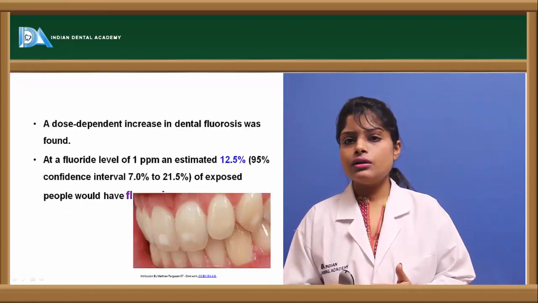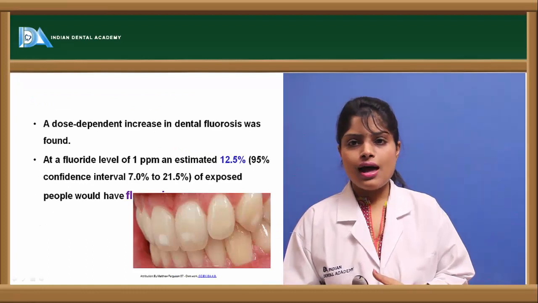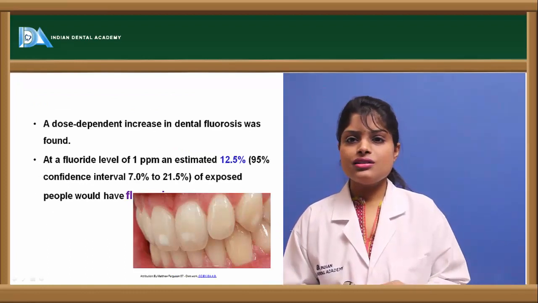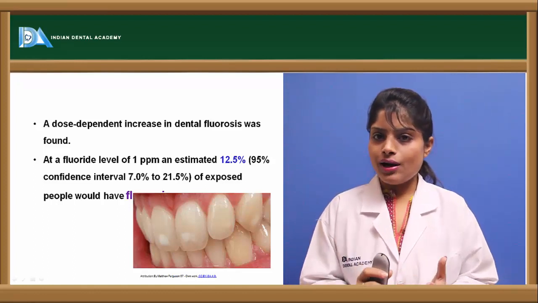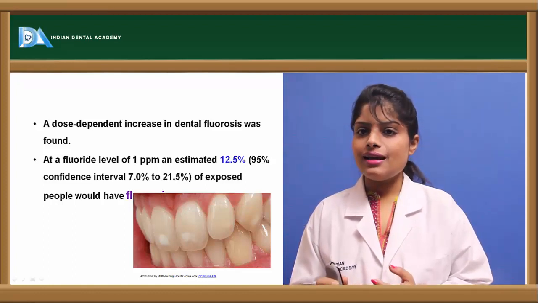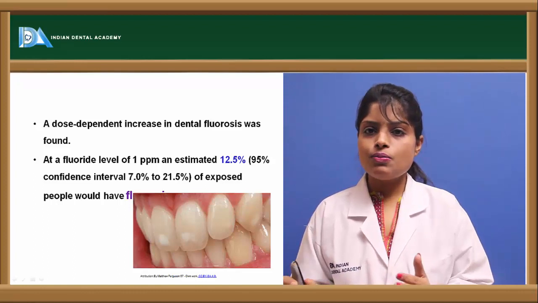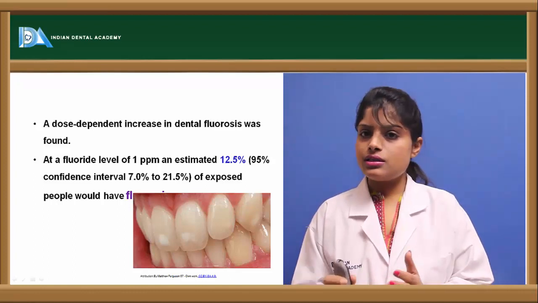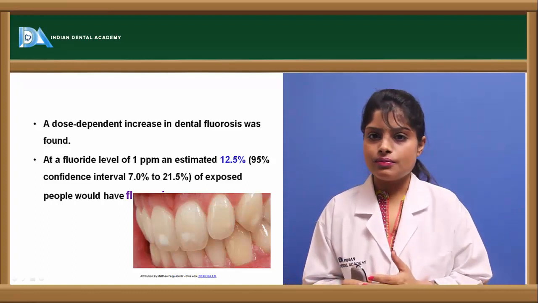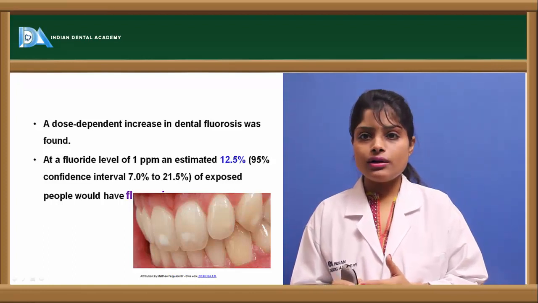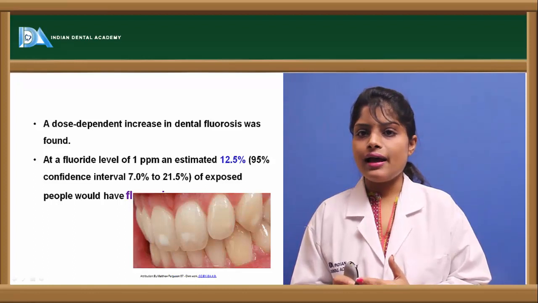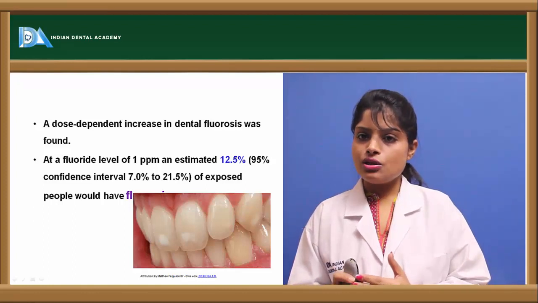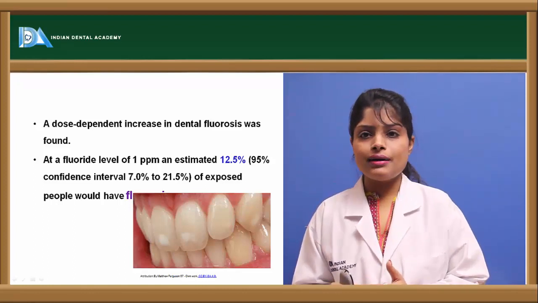But even water fluoridation has particular advantages and disadvantages. So, the advantages are that it can be supplied to a large population of people. It is a very cost-effective system, and since the water consumption of a particular society is high, it can be distributed in a widespread manner.